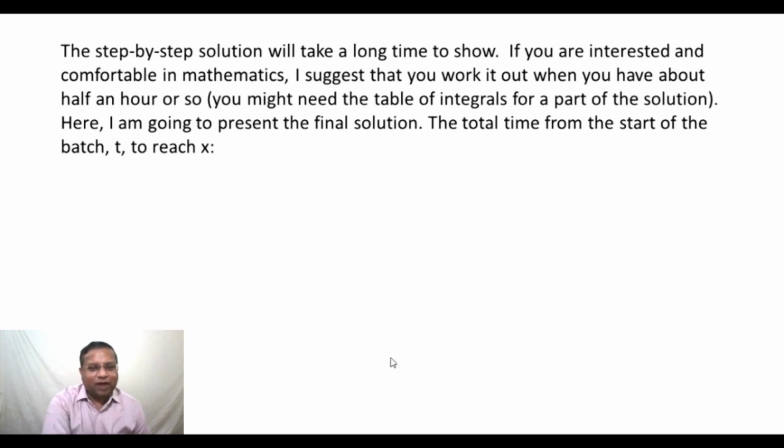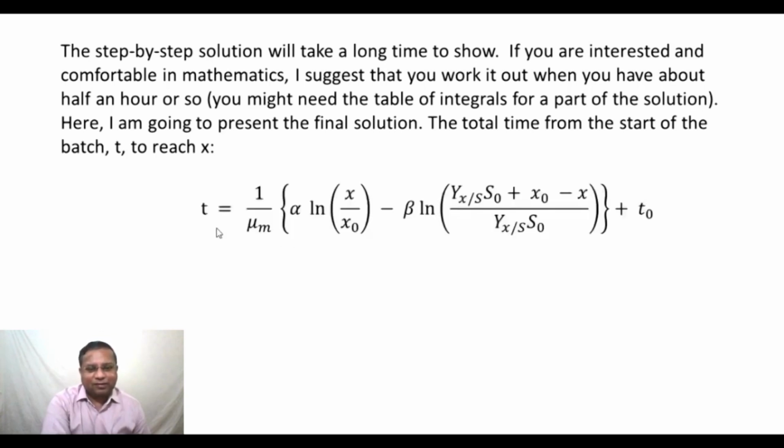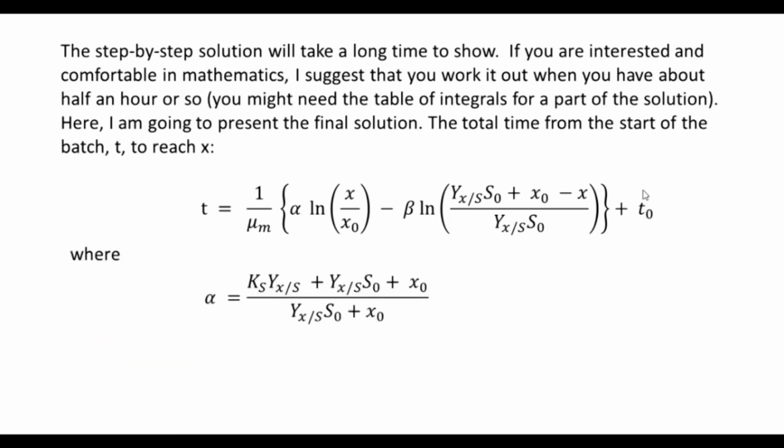The total time from the start of the batch to reach a certain cell concentration x is given as 1 by mu m times a certain alpha times log of x by x0 minus a certain beta times log of (Y x/s s0 plus x0 minus x) by (Y x/s s0), plus the lag time t0, where alpha is this combination, (Ks Y x/s plus Y x/s s0 plus x0) divided by (Y x/s s0 plus x0), and beta is Ks Y x/s divided by (Y x/s s0 plus x0).